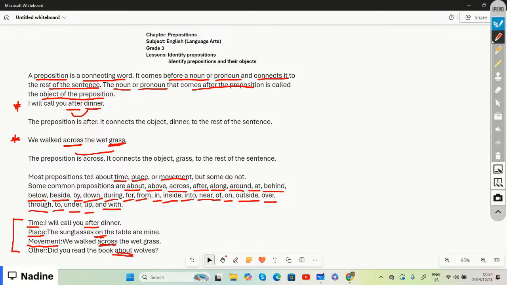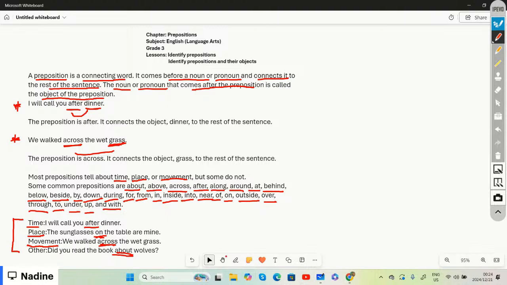All right. So once again, we said we are doing prepositions. For those of you who just came, we're doing prepositions. And in order for us to identify prepositions and their objects, we say that a preposition is a connecting word, right? This preposition comes before the noun, or it comes before a pronoun.